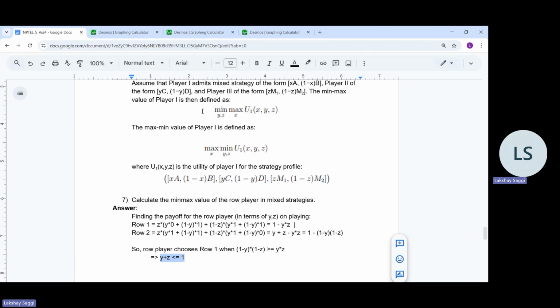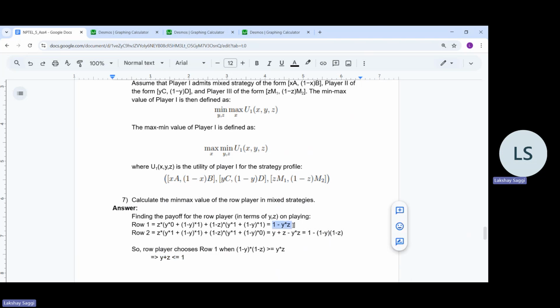And now what we really want to do in terms of yz is minimize all of this, right? So one should choose y and z in such a manner that if this condition is true, if y plus z is less than or equal to 1, then this row will be chosen.